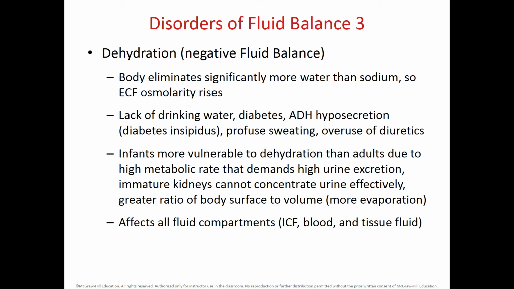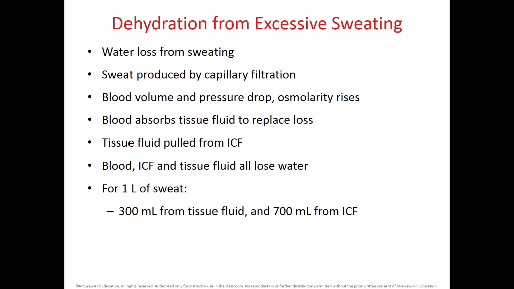Whenever somebody has dehydration, all the fluid compartments will be affected. In the case of someone who is dehydrated because of excess sweating, the sweat is produced by capillary filtration, and then the person will have a decrease in blood volume and blood pressure, and then the osmolarity will rise.